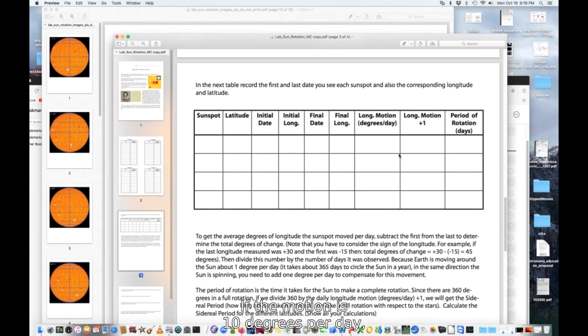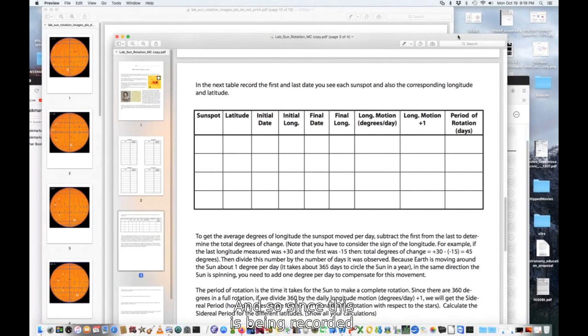If the motion is 10 degrees per day, then how many days would it take to complete the entire rotation, 360 degrees? Well, it takes 36 days, exactly. All right, so you can even use your logic to figure it out. But the way you do it is you take 360 degrees, the instructions right here, and divide it by this number, okay? Suppose you have 10 right here, then you take 360 divided by 10, then you have 36. So that is the instruction, all right?